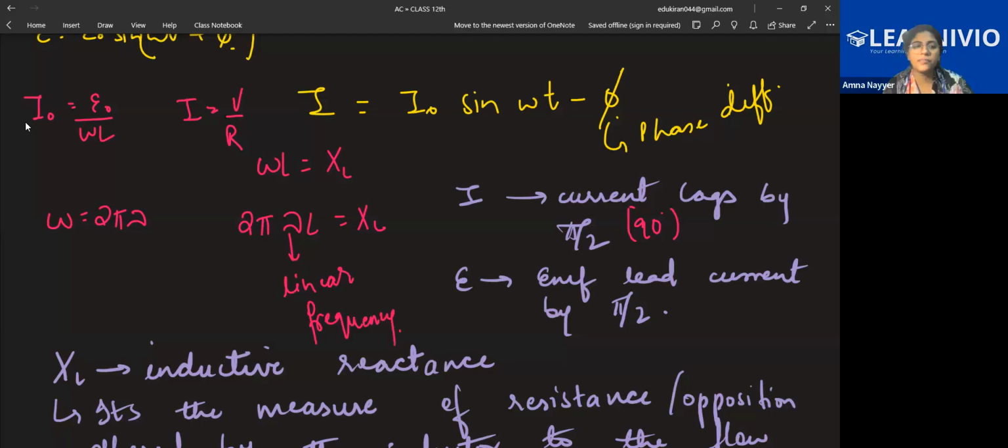So I is equal to E naught by omega L. I is equal to V by R. Omega L is equal to XL, which is 2 pi nu L, where nu is the linear frequency. Omega is the angular frequency.